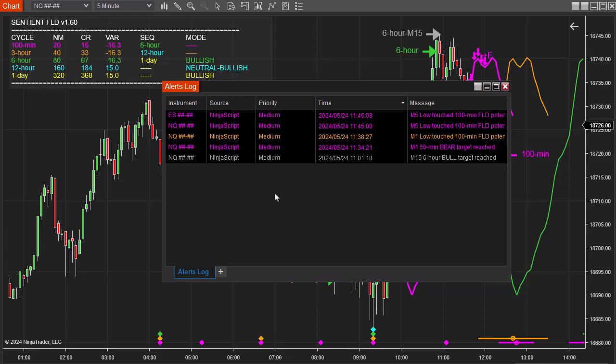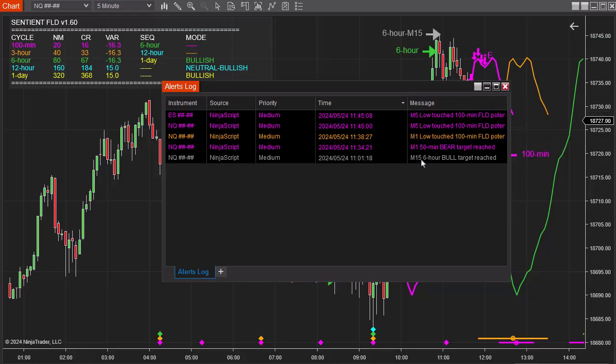The FLD alerts are by default medium priority alerts. Here is the time at which the alert was generated, and here is the message, and you can see the message includes first of all the time frame of the chart which either generated the alert, or if it's a multiple time frame target alert, then it will provide the time frame from which the target was generated.